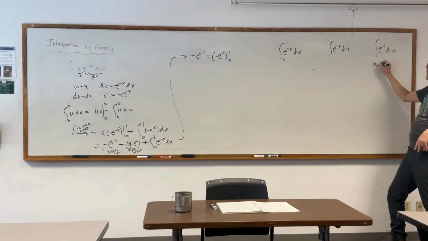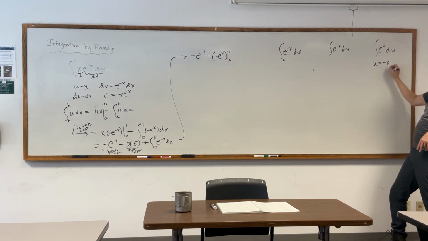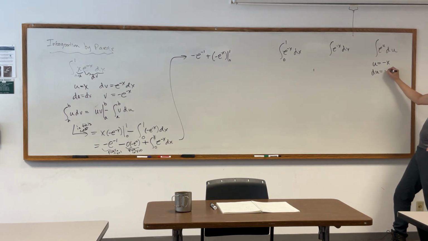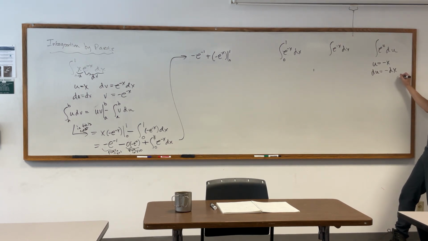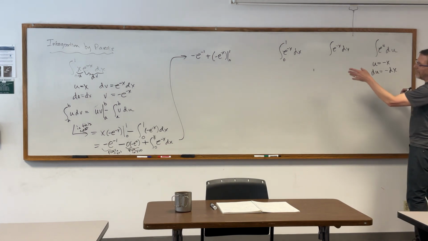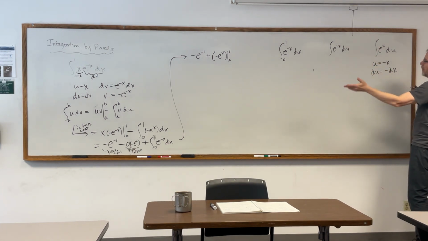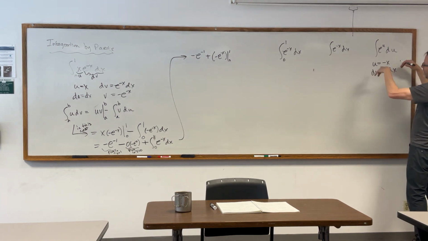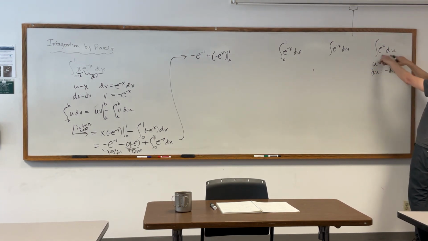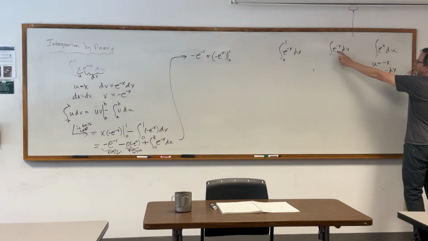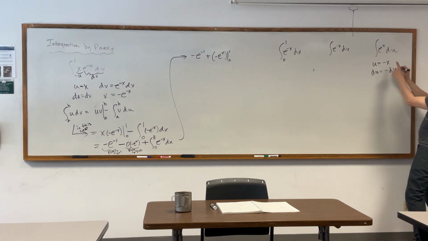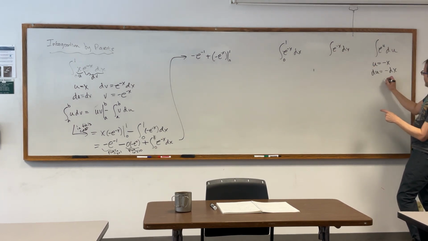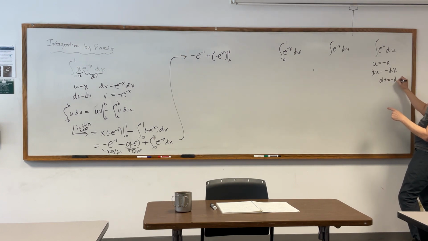So that would mean u is negative x, du would be negative dx, and I'm kind of going against my rules here. I changed it to u, and then didn't change the limits. It's okay. I just really want you to see how fast this can be. So then dx is replaced with negative du.